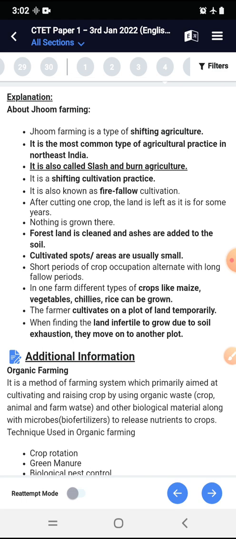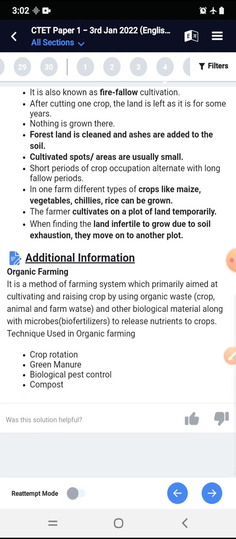Cultivated spots and areas are usually small. Short periods of crop occupation alternate with long fallow periods in one farm. Different types of crops like maize, vegetables, chilies, rice can be grown. The farmer cultivates on a plot of land temporarily. When finding the land infertile due to soil exhaustion, they move on to another plot.